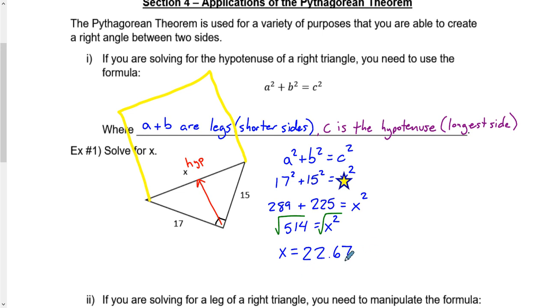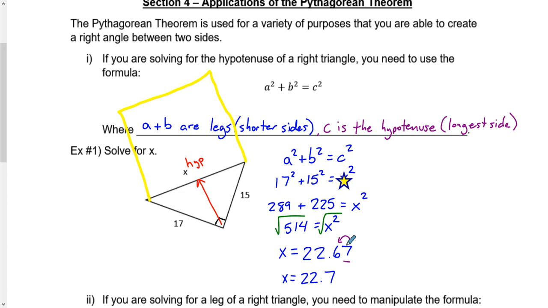So if I ask for the nearest tenth, I'm asking about the nearest one decimal place. I need to look at my second decimal place. If it's 5 or higher, that's going to bump this up. If it's 4 or lower, it's going to stay the same. But since 7 is definitely bigger than 5, if I round to the nearest tenth, this would be 22.7.